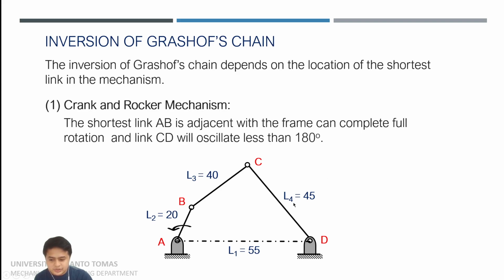In this case, the shortest link is L2, and the frame here is AD. So it is adjacent to the frame. Therefore, it is a crank and rocker mechanism. This shortest link can revolve a full 360 degrees, and the other link, CD, which is the rocker, can only oscillate, less than 180 degrees.